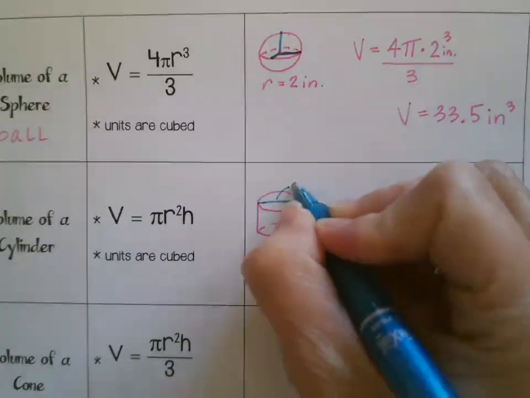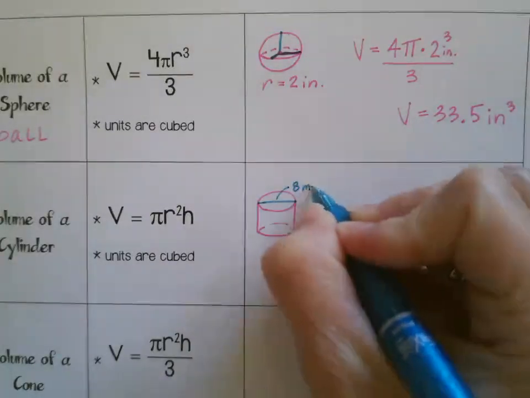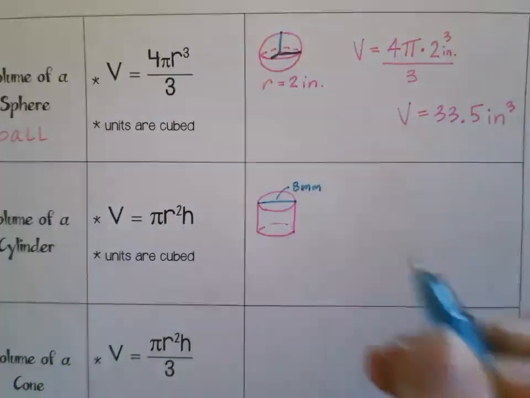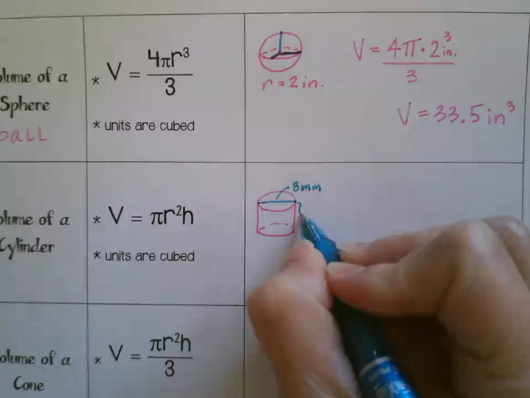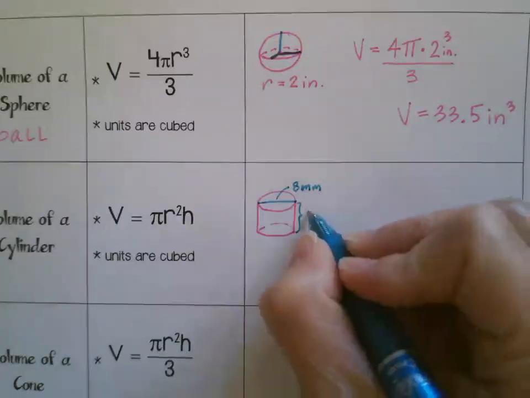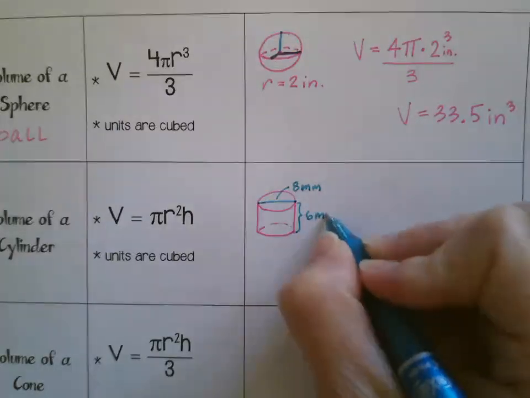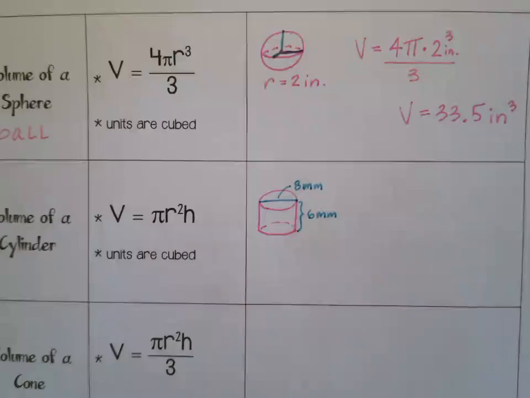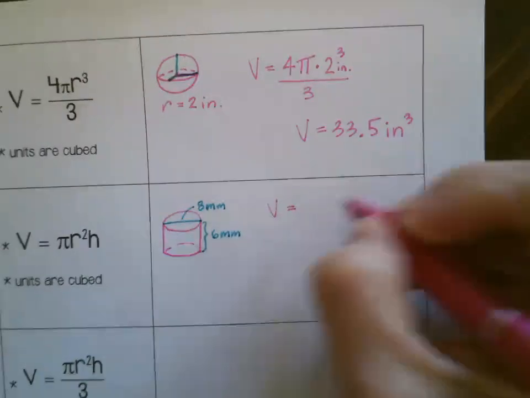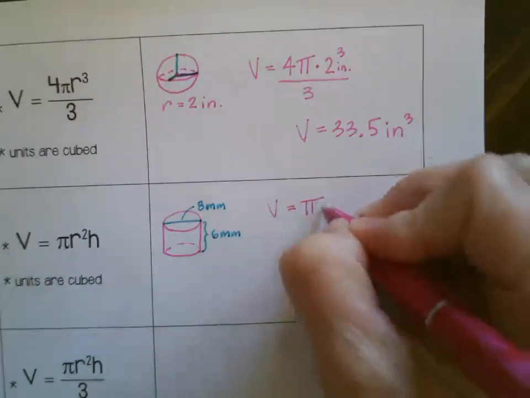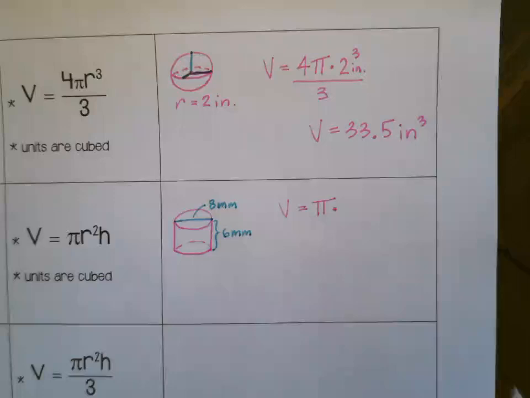So on this problem, let's say that I tell you this measurement right there is 8 millimeters, and this measurement right here is 6 millimeters. To go to our formula to find the volume, we need to do pi times the radius.